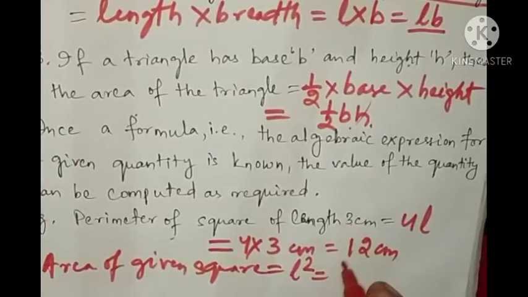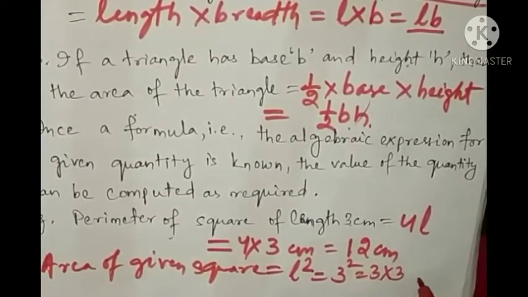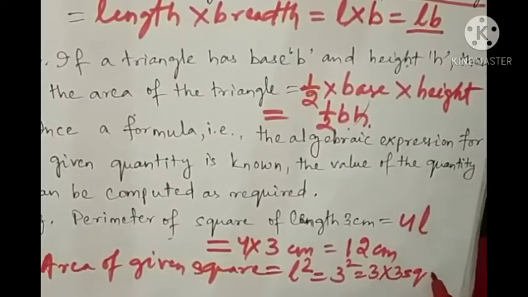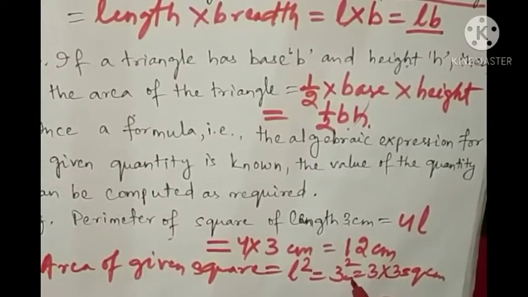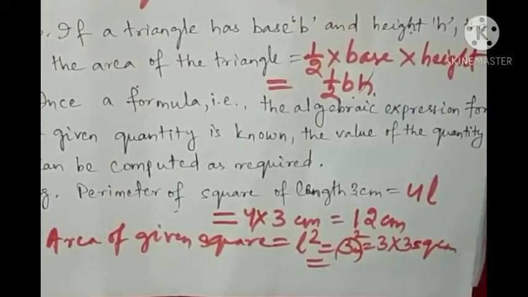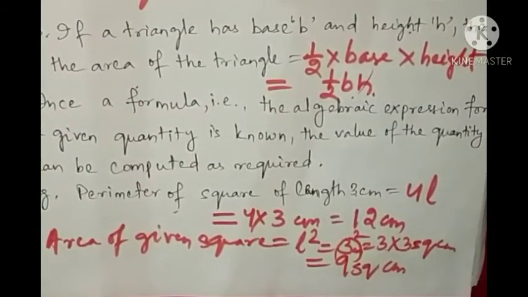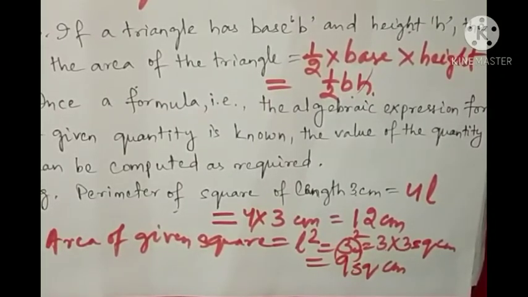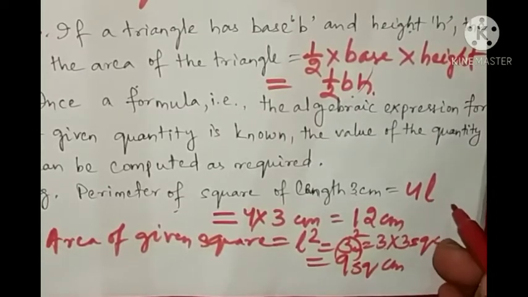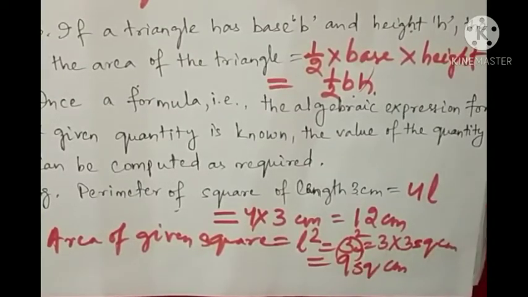L is how much, as given? 3. 3 square equals 3 centimeter into 3 centimeter, which is 3 centimeter whole square. 3 into 3 is how much? 9 square centimeter. So this is about using algebraic expressions for finding formulas and rules. By putting in the value, we can find the value of the whole quantity. We can find the area, we can find the perimeter.